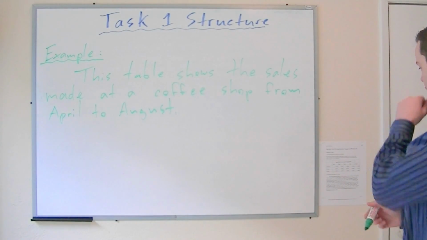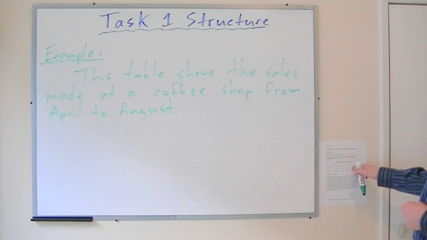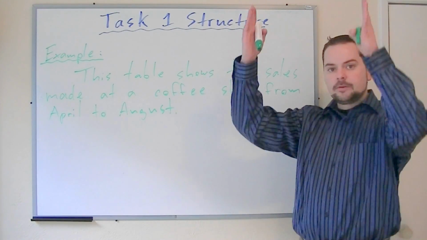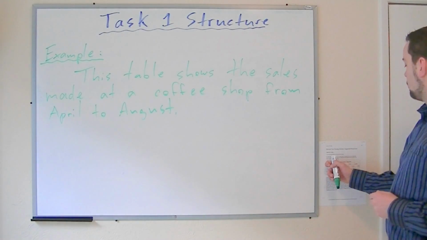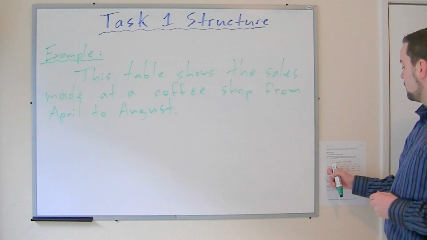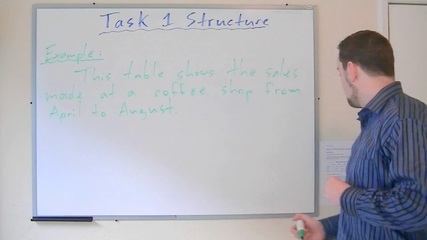So this table has 1, 2, 3, 4, 5, 6 columns. Columns are the up and down categories. And it has 1, 2, 3, 4, 5 rows. Rows are the across categories.